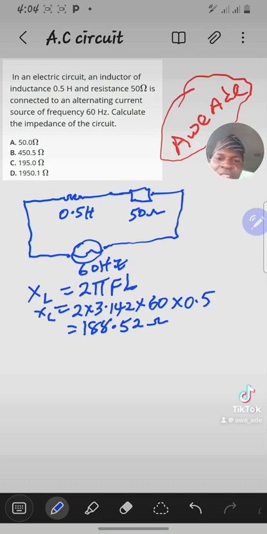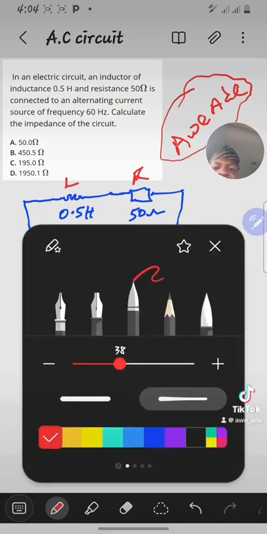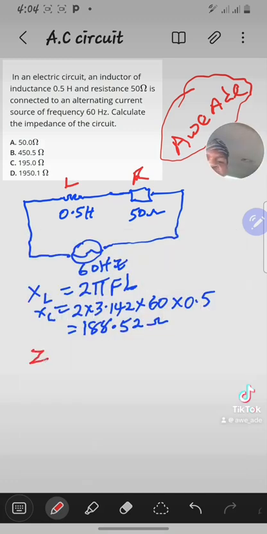But we want to find the impedance, and this is an LR AC circuit. This is the inductance, this is the resistor. So to calculate the impedance for an LR AC circuit, the impedance is the square root of the resistance raised to power 2 plus the inductive reactance raised to power 2.